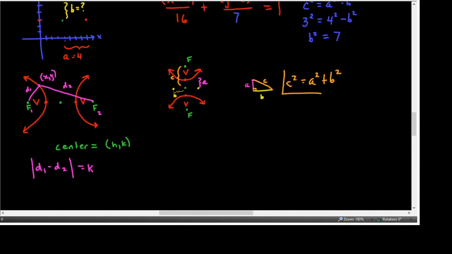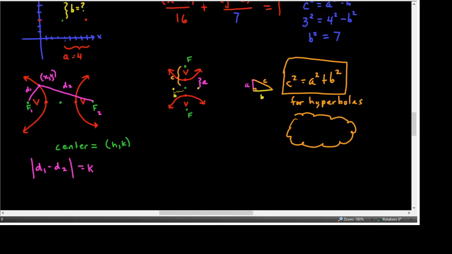Okay, that's important. c squared is equal to a squared plus b squared for hyperbolas. Contrast that with the similar equation for ellipses, which was c squared equals a squared minus b squared. It's important that you don't get these two equations mixed up with each other.